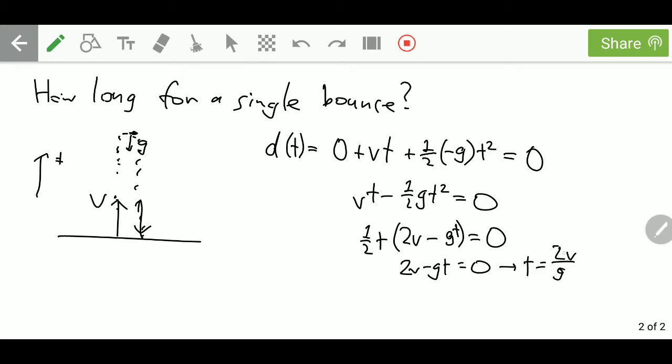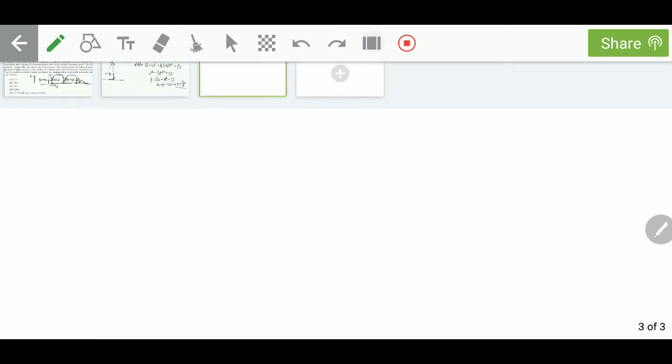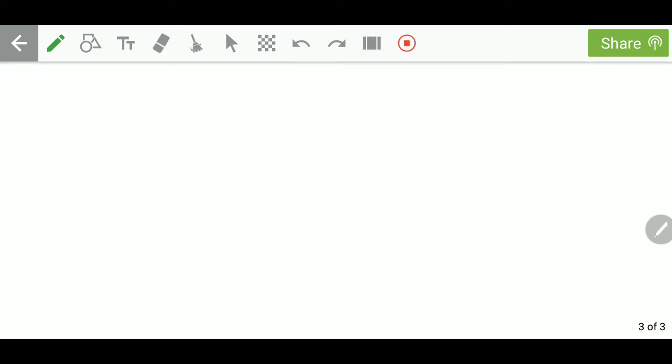There are many ways to get this result, but this is one of them. And so now, what are the velocities going to look like? Well, we know that by the conservation of energy, or by the kinematics equations, the velocity when it lands is going to be the same as the velocity at which it was launched for a single bounce.